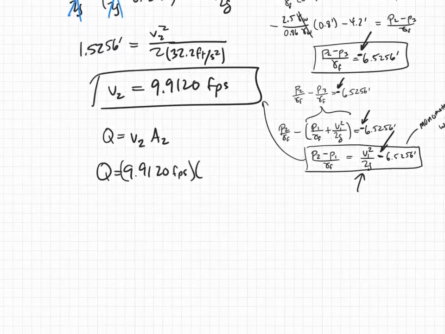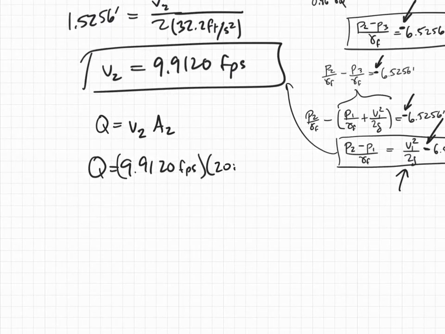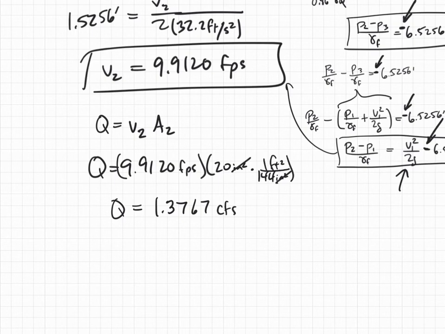Horrible units, right? So 20 inches squared times 1 foot squared over 144 inches squared. If we do all of that, we get 1.3767 CFS, because the inches squared cancel, and we've got cubic feet on top and seconds on the bottom.